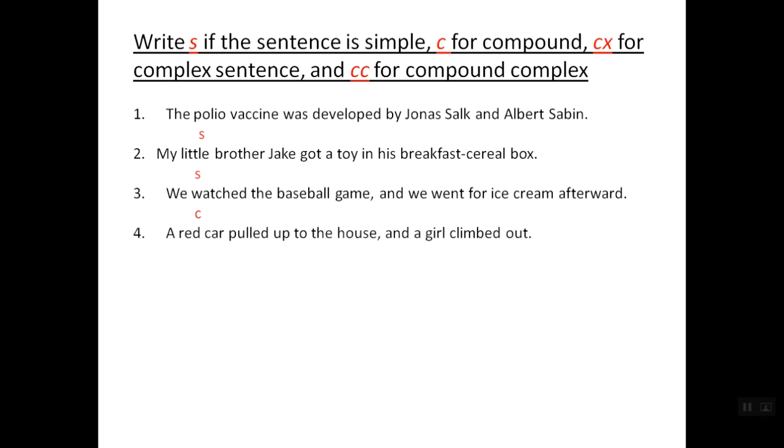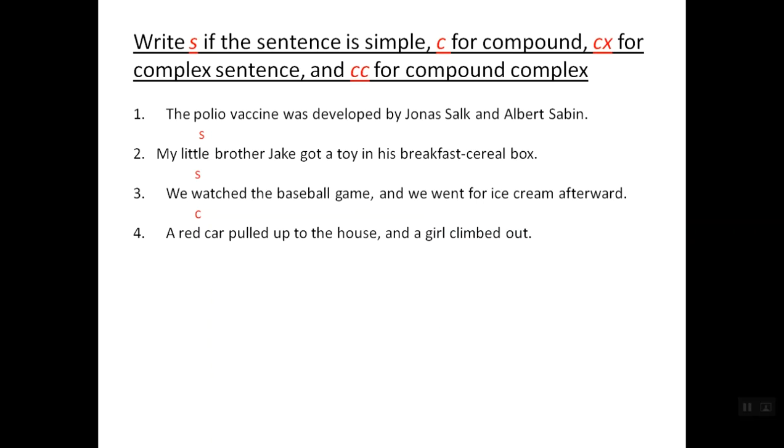Number 4. A red car pulled up to the house, and a girl climbed out. Again, it's and, preceded by a comma. How many subjects do we have? The first subject is a red car. The second subject is a girl.